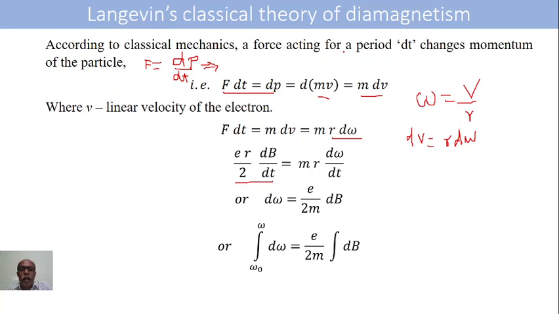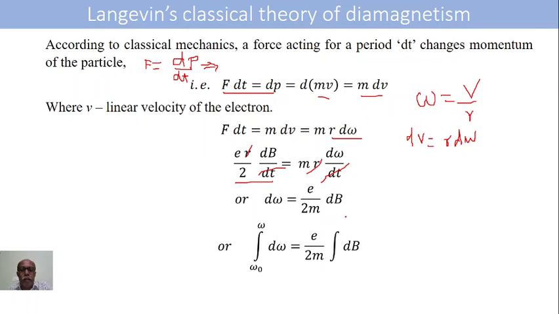According to classical mechanics, F into dt is mR into d omega by dt. dt gets cancelled over here. R gets cancelled. The thing remaining is E by 2m into dB. d omega is therefore equal to E by 2m into dB.